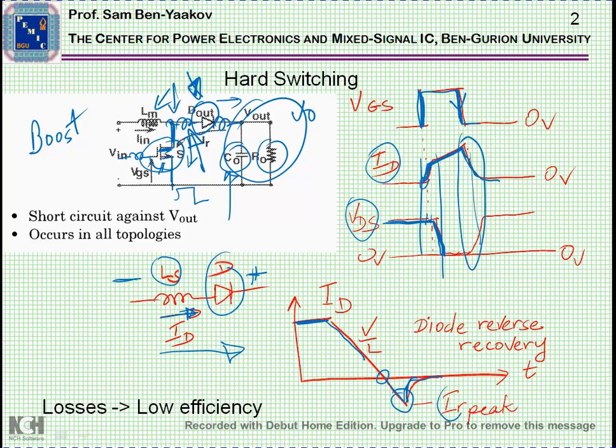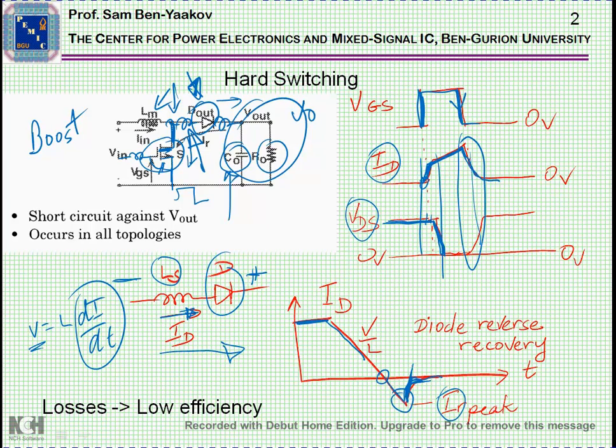So this will be a peak reverse current, and this interruption or stoppage of the current will cause a high voltage, because we know that V is L di/dt, and if the di/dt, that is the rate of change of the current, is fast, like here, then you'll generate a high voltage.